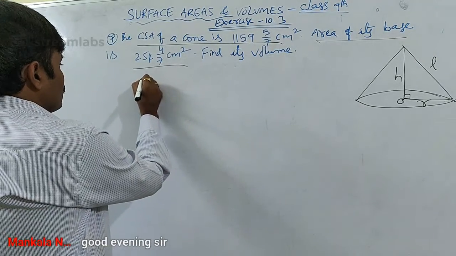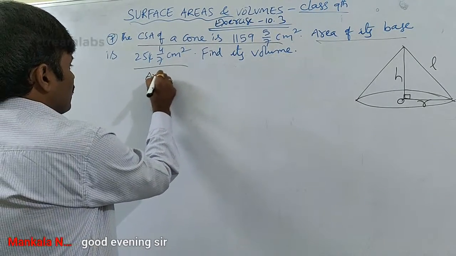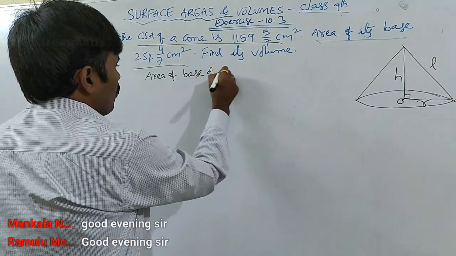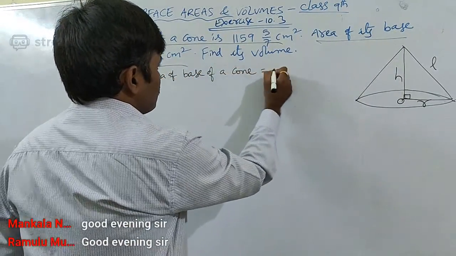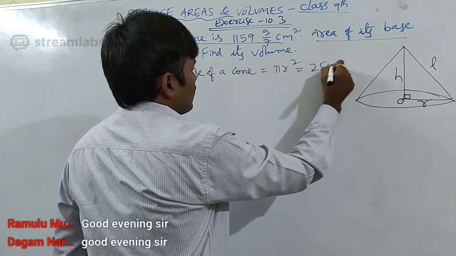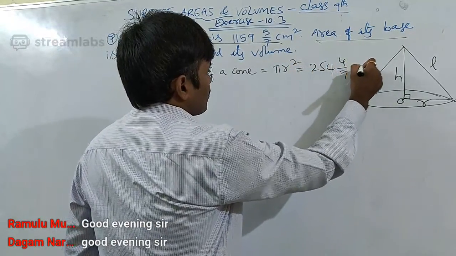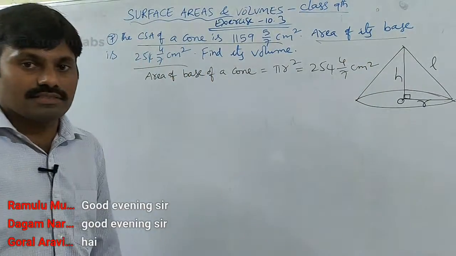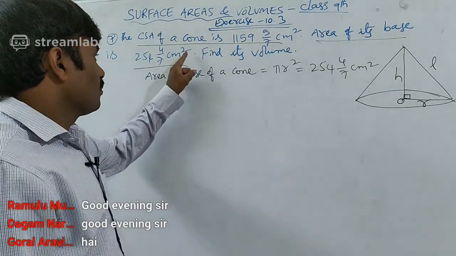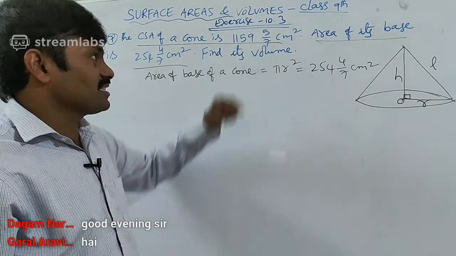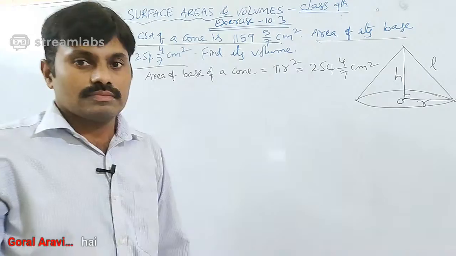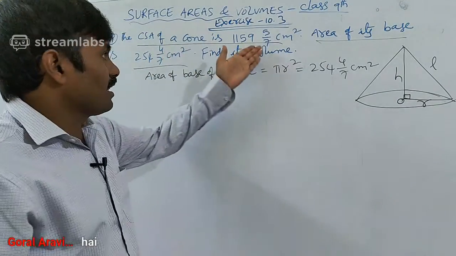So area of base of a cone is equal to pi r square, which is equal to 254 4 by 7 centimeters square. Keep it like this. Now the curved surface area is given. The curved surface area formula is pi r l.